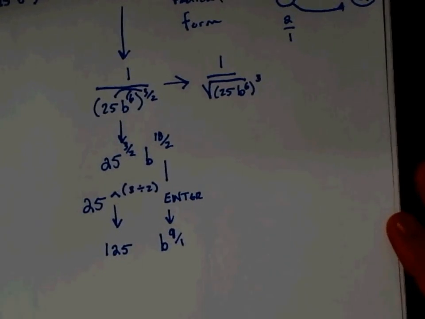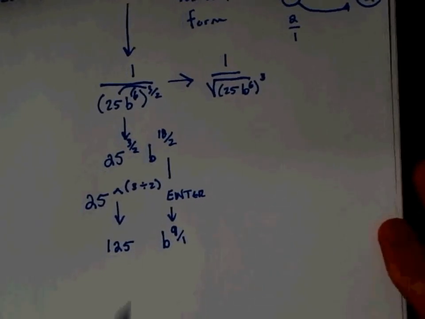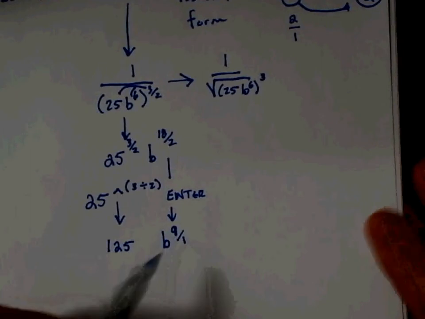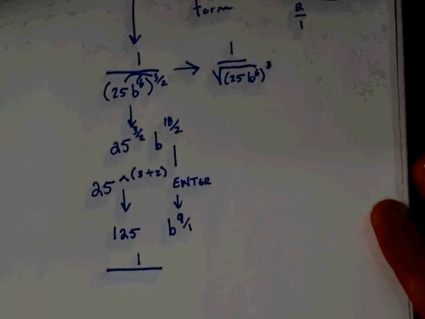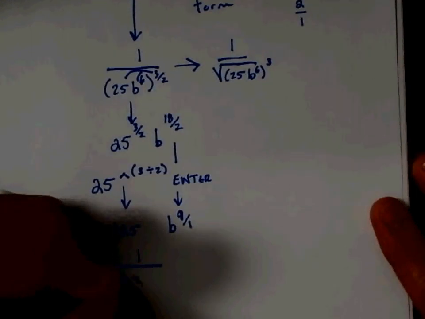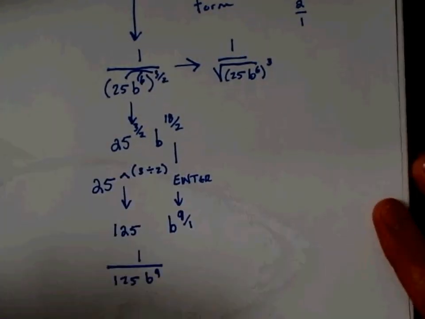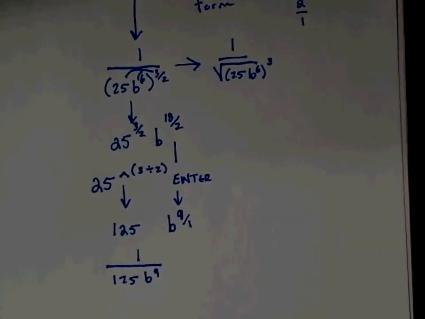And there's no such thing as a 1 root, right? Which means it's a whole number. And so, this becomes b to the 9th. So my answer is 1 over, because this is still a fraction, 125 b to the 9th. You okay with that? Yeah? Everybody good? All right.